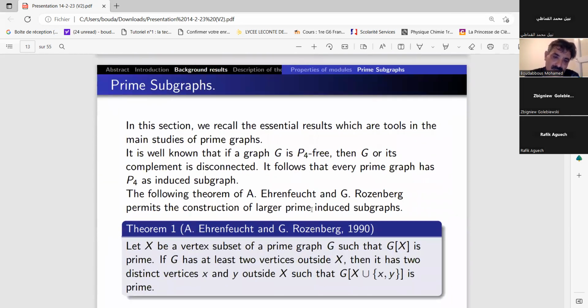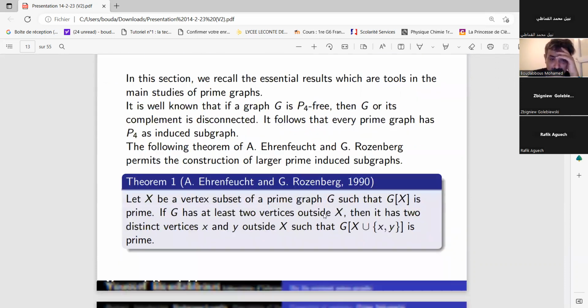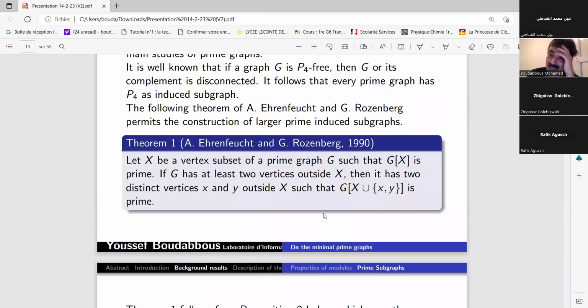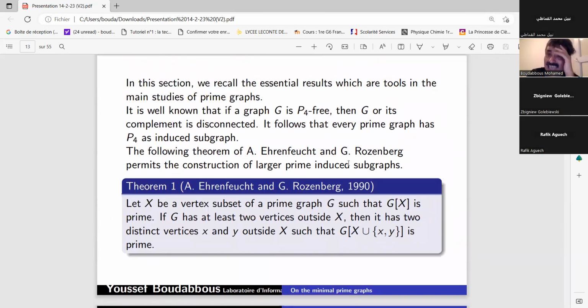Now we give some structural results on prime subgraphs. It is not difficult to prove that if a graph G does not contain P4, a path with 4 vertices, 1 adjacent to 2, 2 adjacent to 3, and 3 adjacent to 4, as an induced subgraph, then either G or its complement is disconnected.